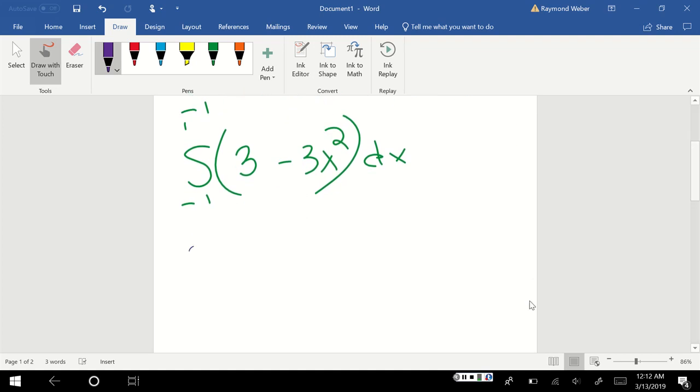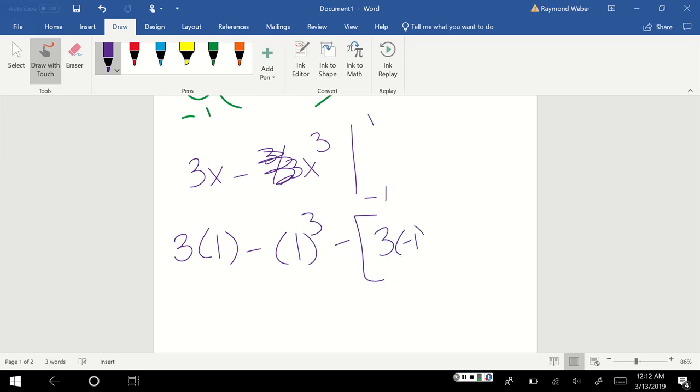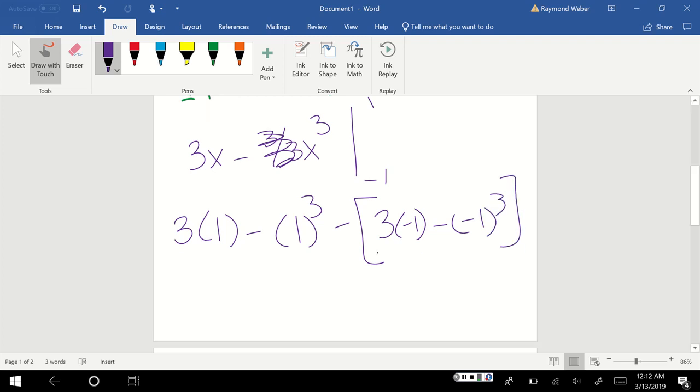So then this is 3x minus 3 over 3 x to the third, from -1 to 1. So then that's just 1, so that's going to go away. So then I have 3 times 1 minus 1 to the third, minus, now everything in here, right? 3 times -1 minus -1 to the third.